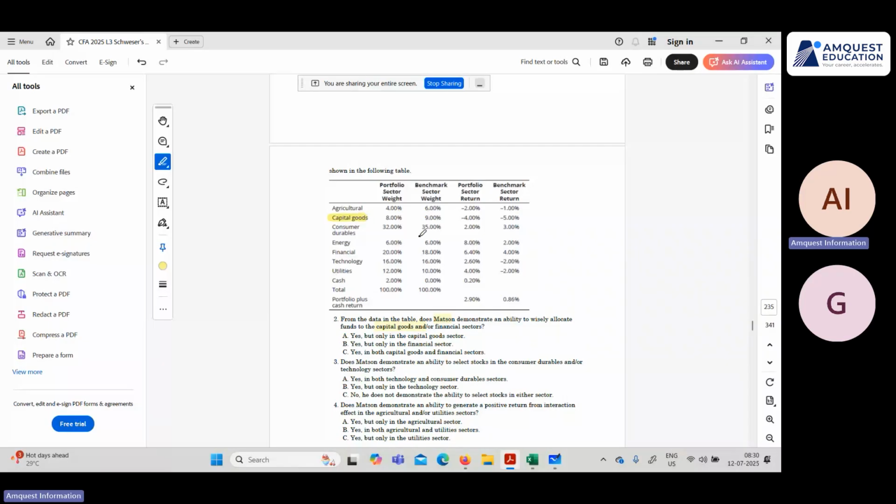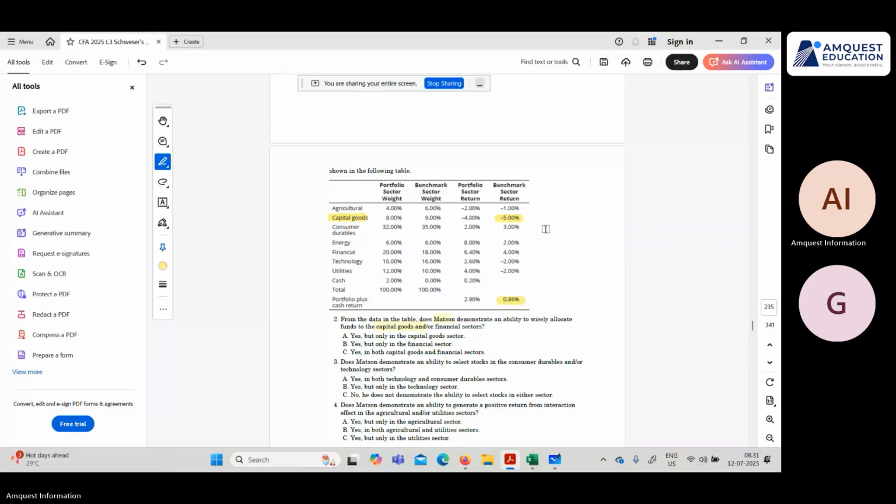If I look at capital goods, the benchmark sector has given you minus 5%, and the overall benchmark has given you 0.86. So this capital goods sector has underperformed the overall benchmark. So should you overweight or underweight an underperforming sector?